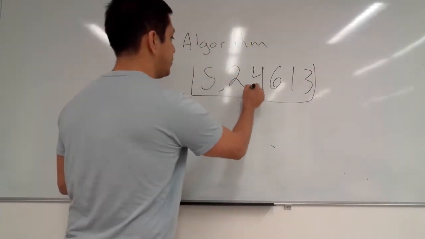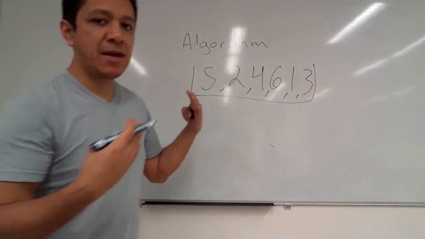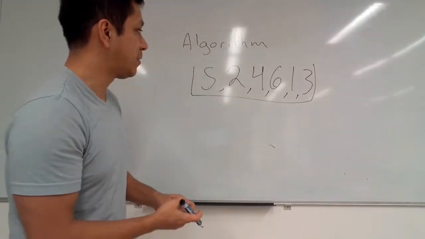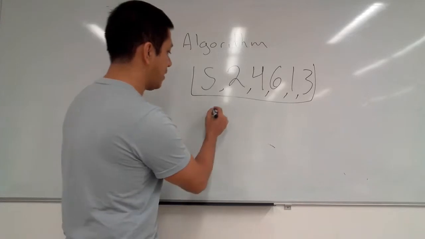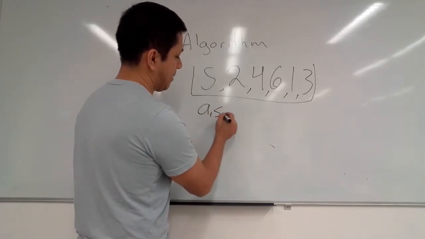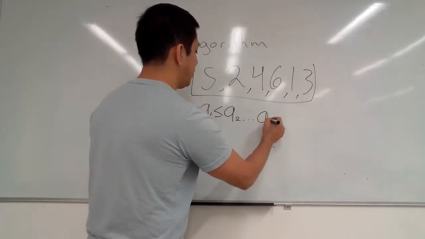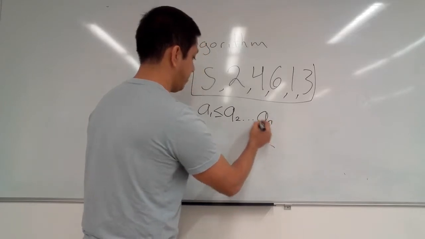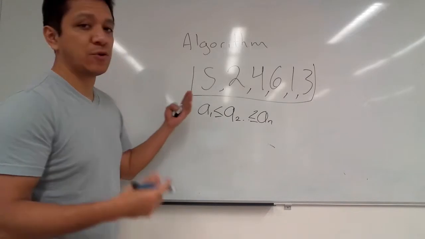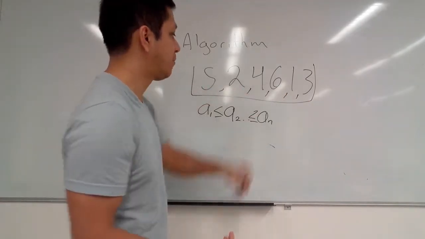We have these numbers, and we want to give some order to these numbers. So first of all, we can think that A1 is going to be less than or equal to A2, and so on, up to AM. This is going to be our procedure in order to compute or sort this series of numbers in this vector.